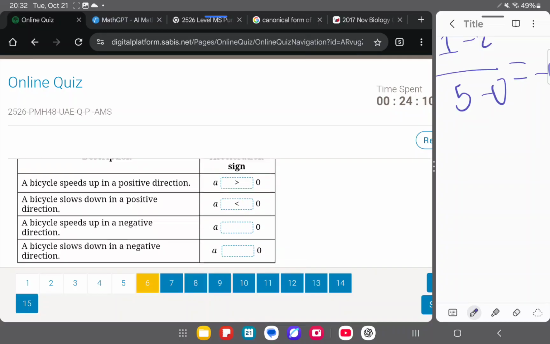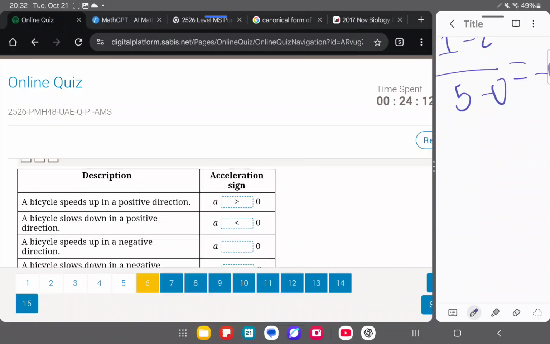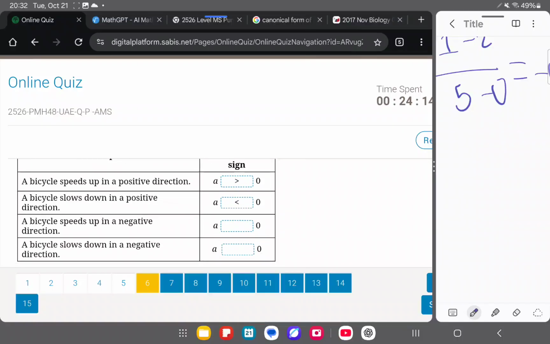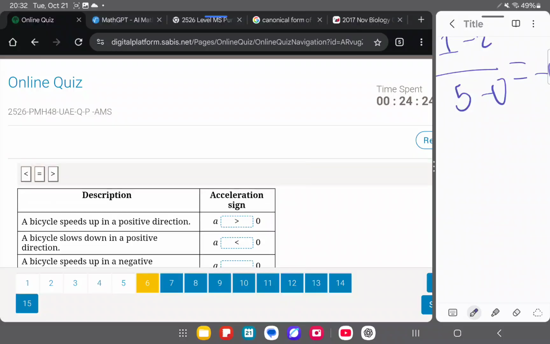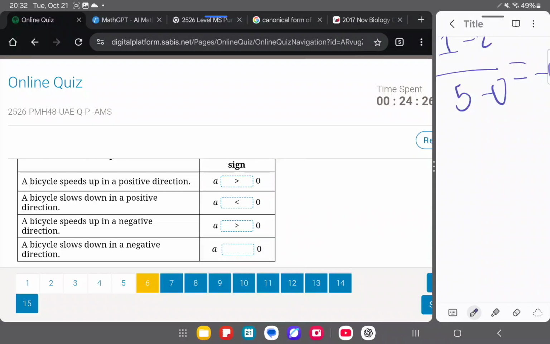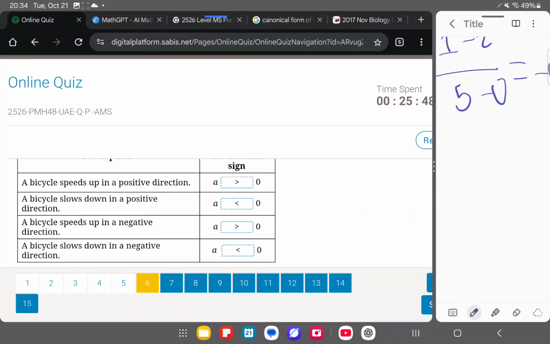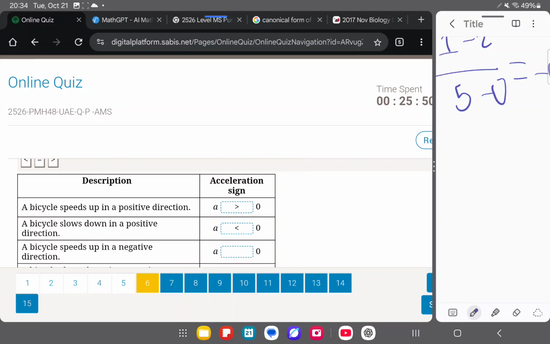So we have it as negative. And a bicycle speeds up in the negative direction. Okay, sorry, these two are wrong actually.